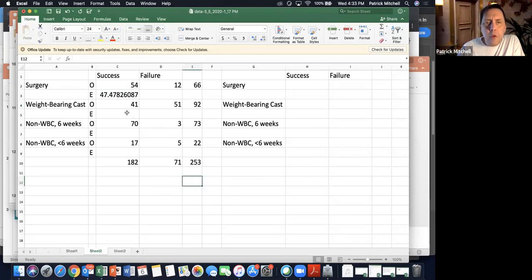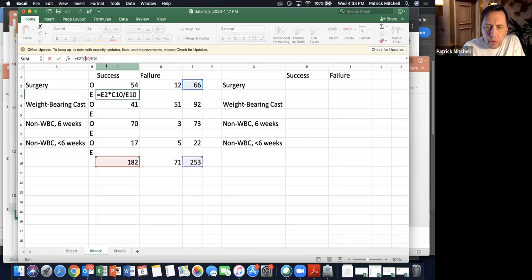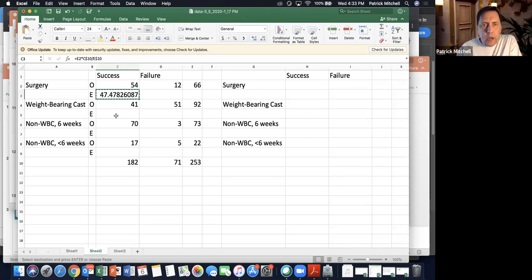So the way that you can fix that is to put a $ sign in front of the row numbers. What that's going to do is when I copy it down, it will always look in row 10. I'm telling it to always look in row 10. Okay, so now I think it'll work when I copy it into these cells here.